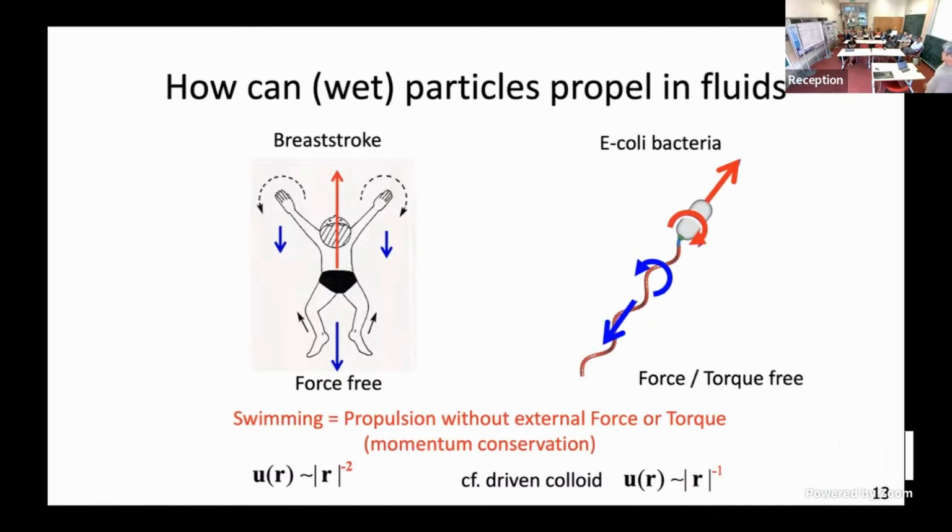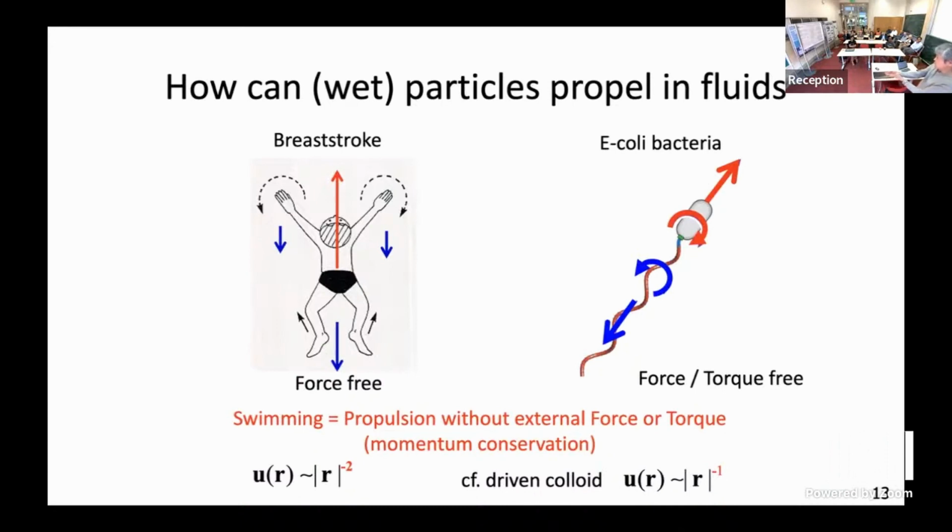Momentum is constant. So momentum conservation is a very important concept of swimming. But the same is true for torque. So this is the schematic model of a bacteria. The bacteria tries to rotate its tail in some direction.